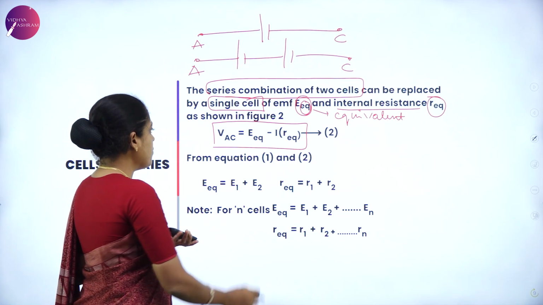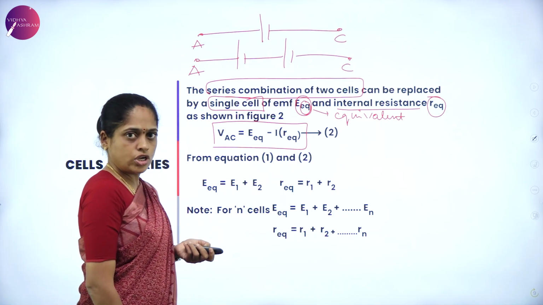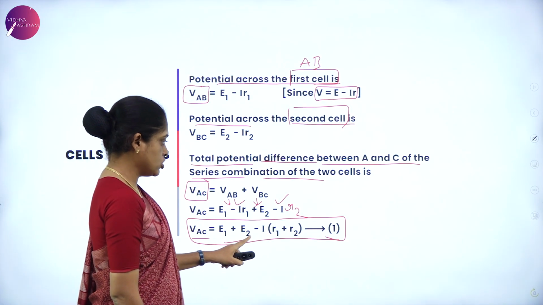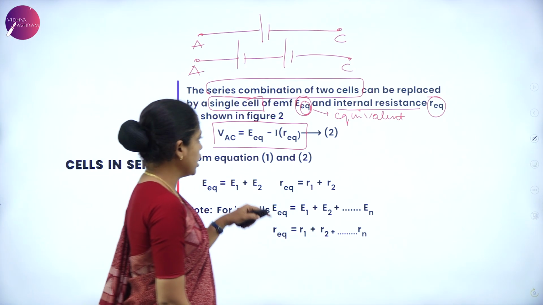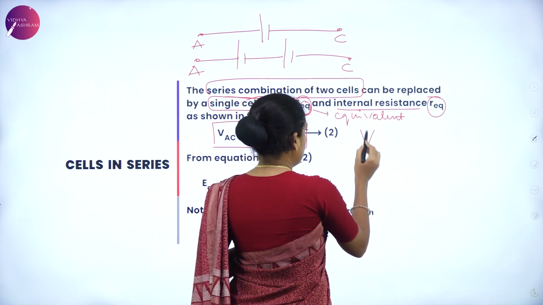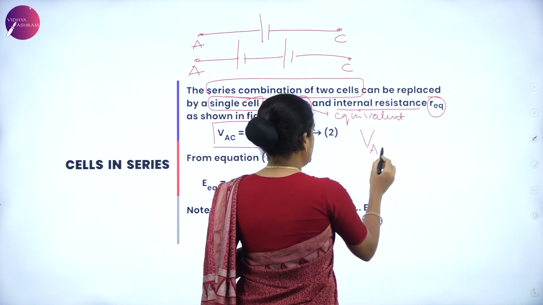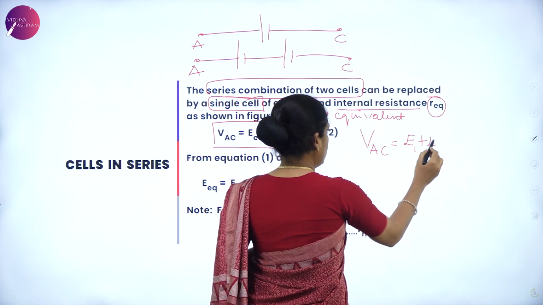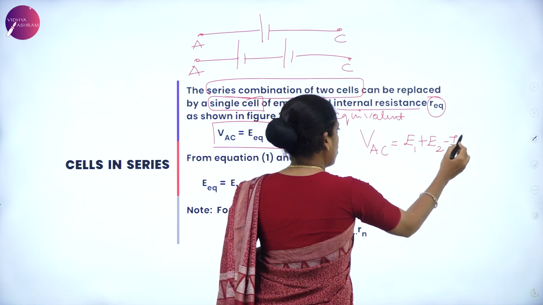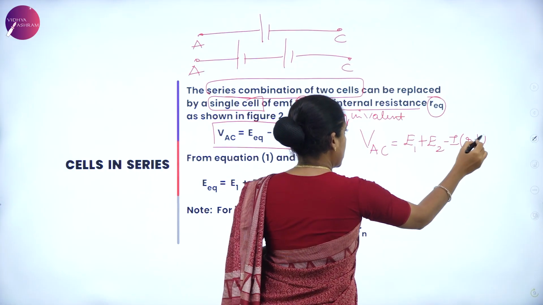From equation 1 and equation 2, let me write equation 1 here. VAC is equal to E1 plus E2 minus I of R1 plus R2.